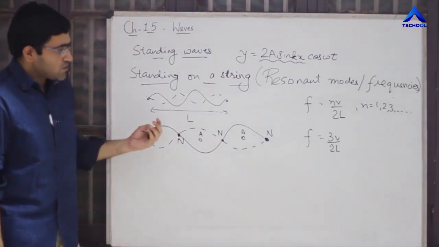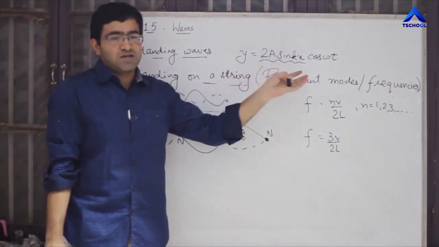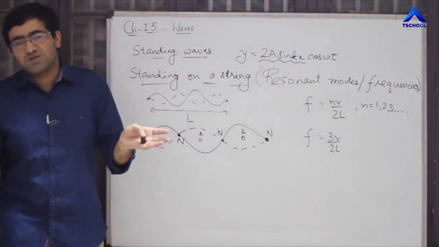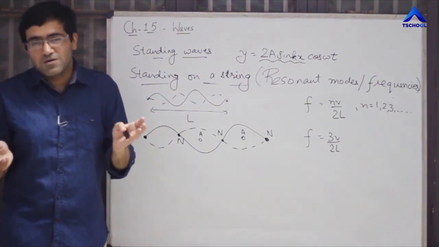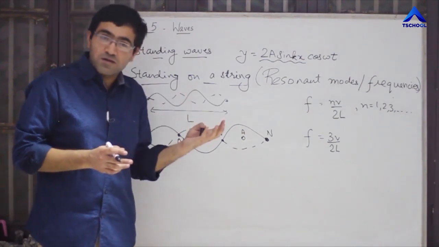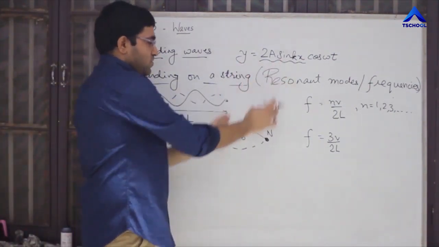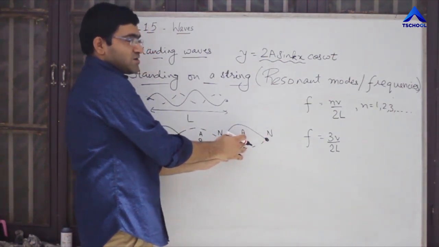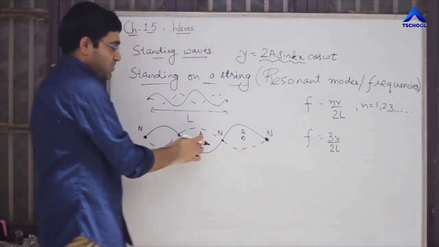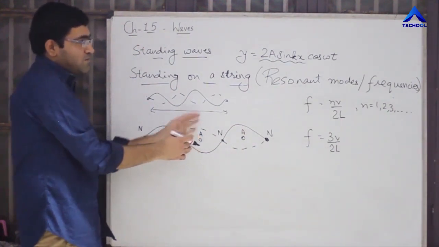Between two consecutive nodes you have an antinode. That's due to the property of sine. Between 2 points where sine's value becomes 0, you get one point where the sine's value becomes either +1 or -1. So 0 over here, 0 over here, and between the two it's either plus 1 or minus 1.